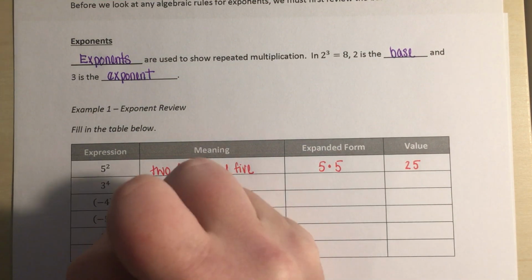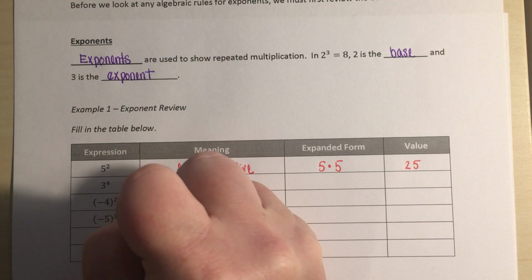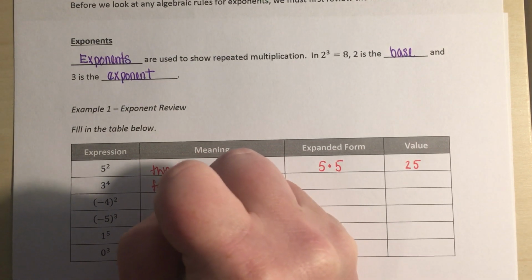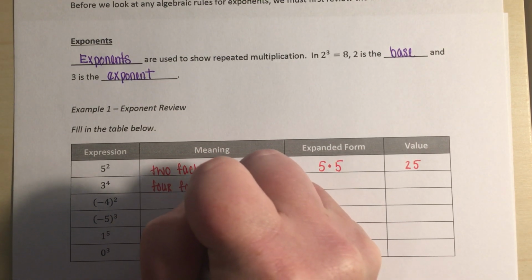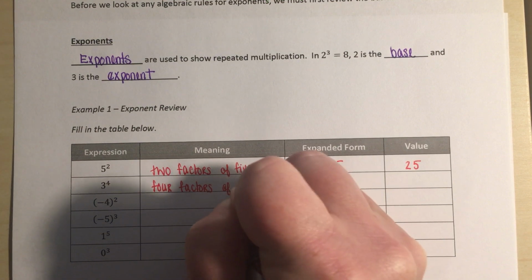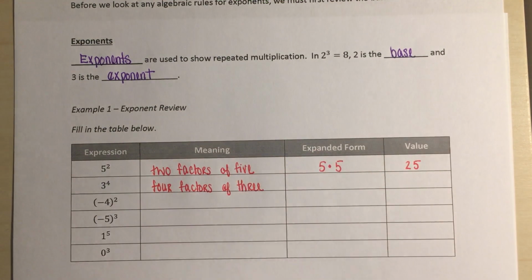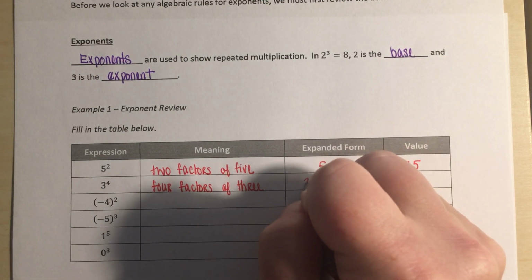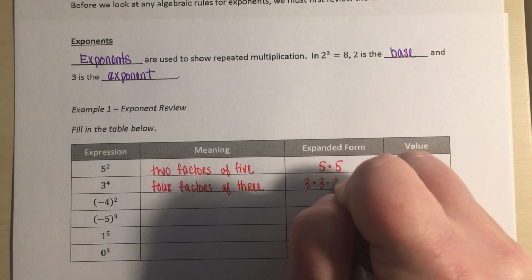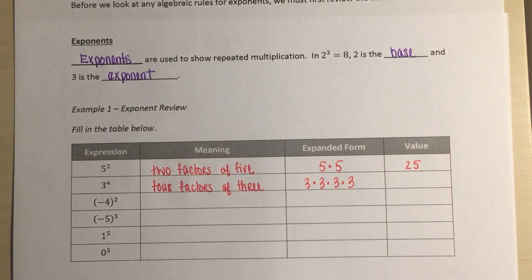Right, 3 to the fourth power means that we have 4 factors of 3. Again, 4 is our exponent, 3 is our base. If we write this out in expanded form, again, we're thinking about this as a multiplication. 3 times 3 times 3 times 3.